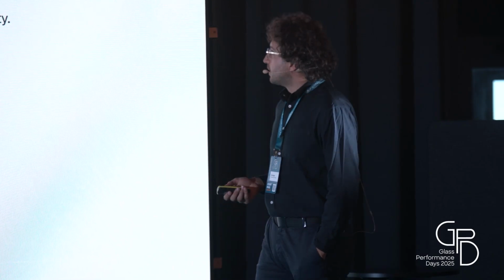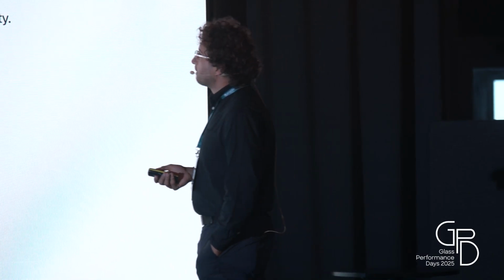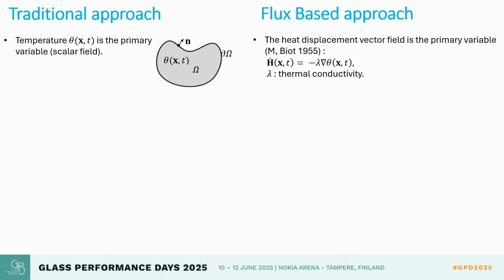Traditionally, the study of the thermal problem is based on the scalar field of temperature. And a novel approach was suggested by Biot in 1955 based on defining the heat displacement field, as we can see here. The difference between the two approaches from the first point is the temperature is a scalar field while the heat displacement field is a vector field.